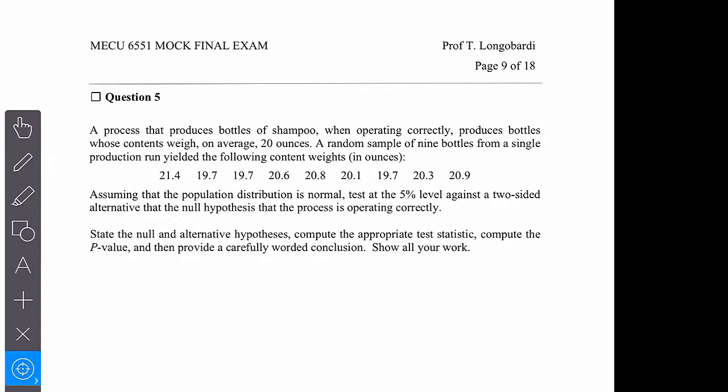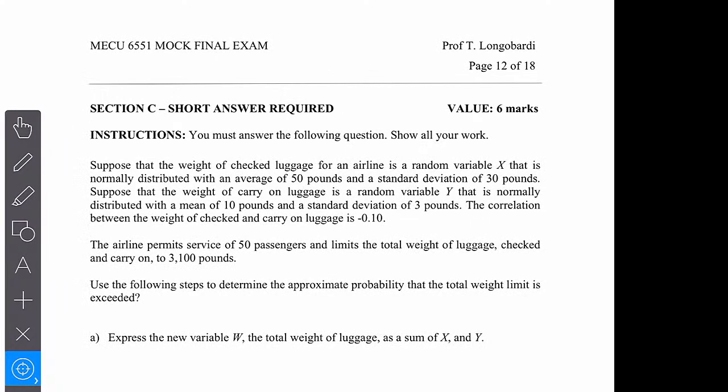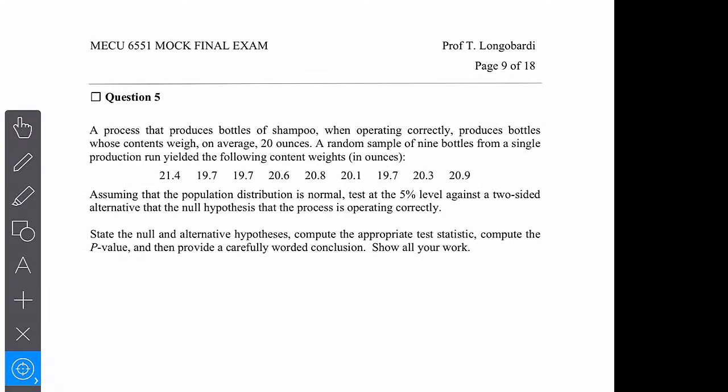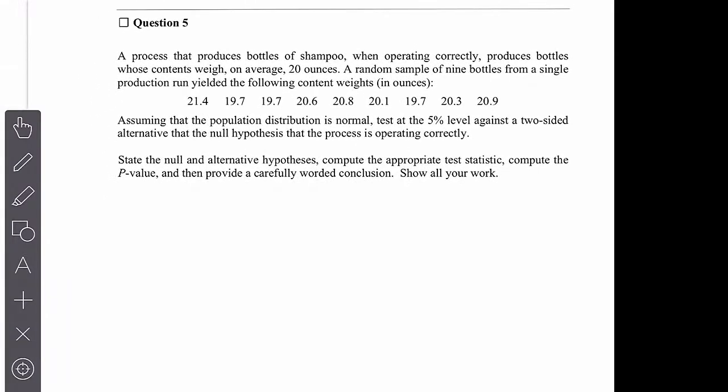Alright, so now we are in inference. This is question number 5. Do I have only 2 problems here? 3, 5, 6, 7. Okay. A process that produces bottles of shampoo, when operating correctly, produces bottles whose contents weigh on average 20 ounces.